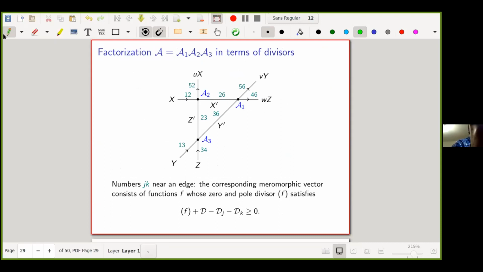Just look at this picture as such. And for instance, look at one line here. Let it be, for instance, this line.